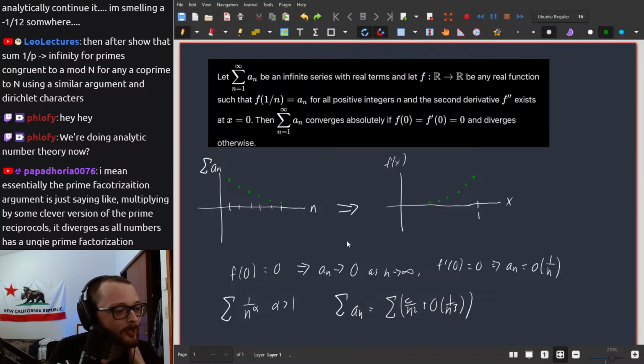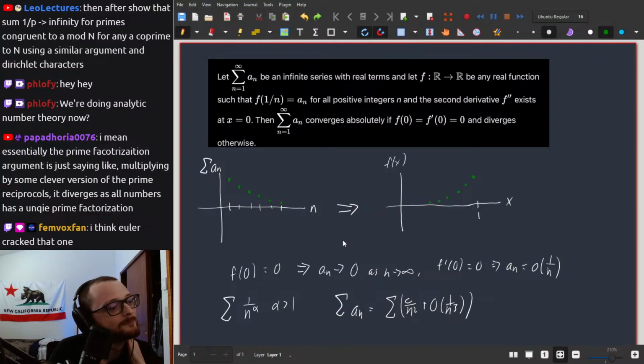Essentially, the prime factorization argument is just saying that multiplying by some clever version of the prime reciprocals diverges, as all numbers have a unique prime factorization. That's weird. Huh.